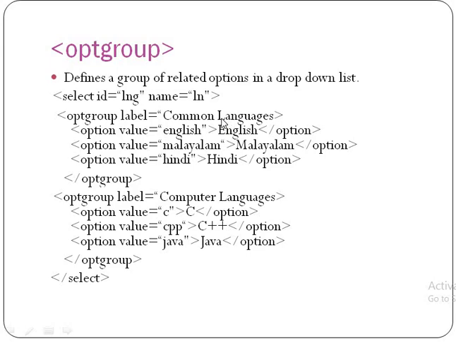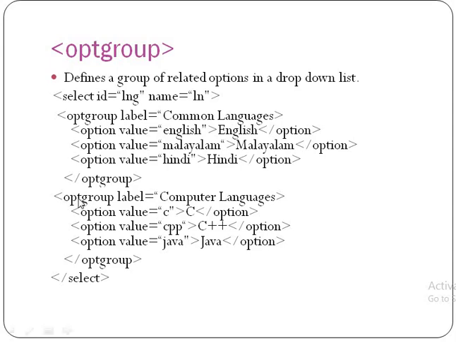Opt group is having an attribute label and its value is given as common languages. Now inside that, you can define the different options included in the common languages category. So here we have defined it in the same way as we have done in the previous example. So extra thing that is included here is opt group.